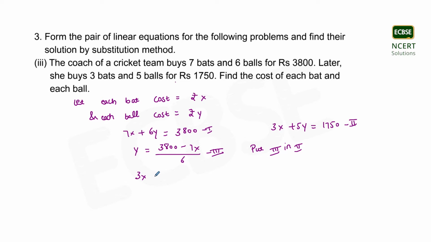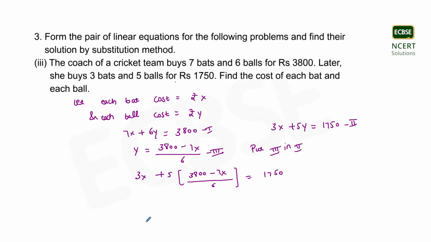So here we will obtain 3x plus 5, putting the value of y, is equal to 1,750.